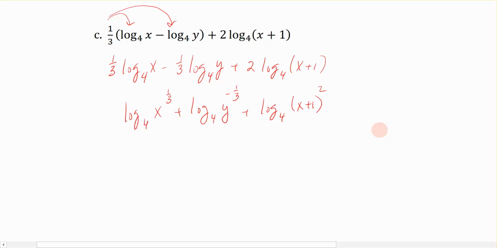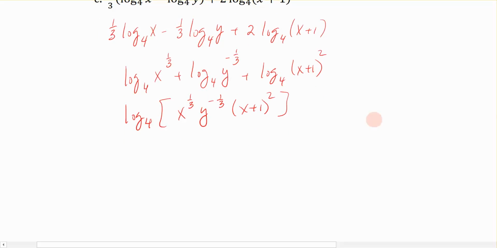Well, I'm going to apply the product rule. So each of these three expressions is going to become one single argument with a log base 4. So this is x to the 1/3, y to the negative 1/3, and x plus 1 quantity squared. There's my single argument. And at this point, I am going to take care of my negative exponent by moving it into the denominator.